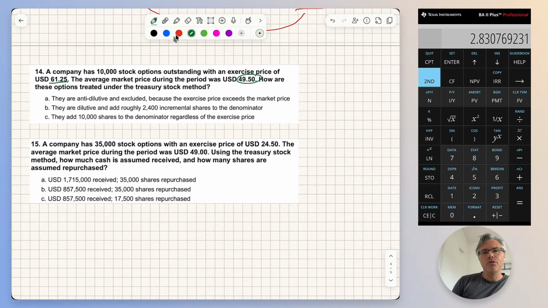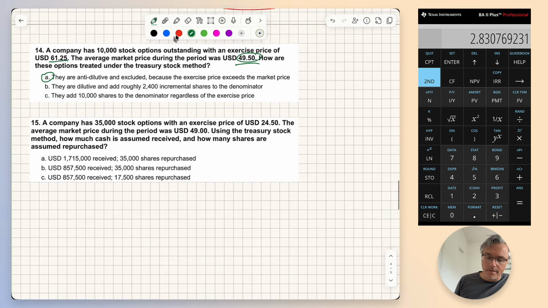So there would be no incremental shares. You wouldn't have to buy any additional shares in the market. These instruments are therefore anti-dilutive, these options, given the current market price of shares. Obviously, when and if the market price of the shares changes and goes up, they may become dilutive, but not yet. They are anti-dilutive, answer A.